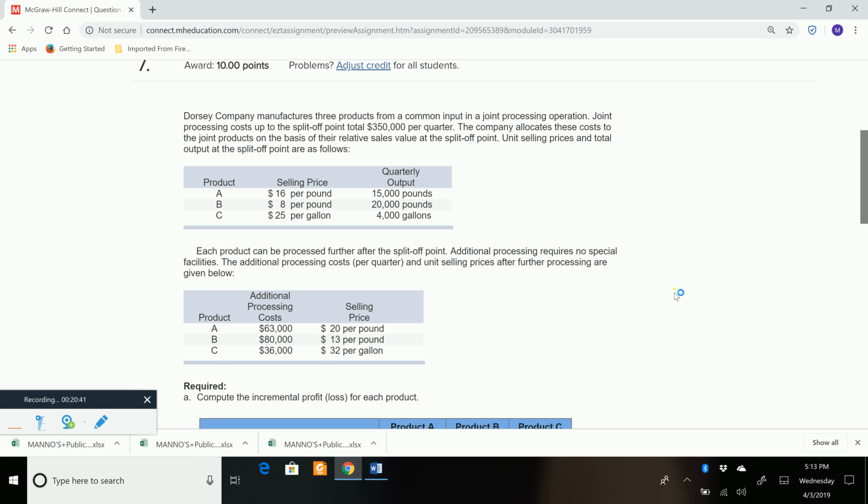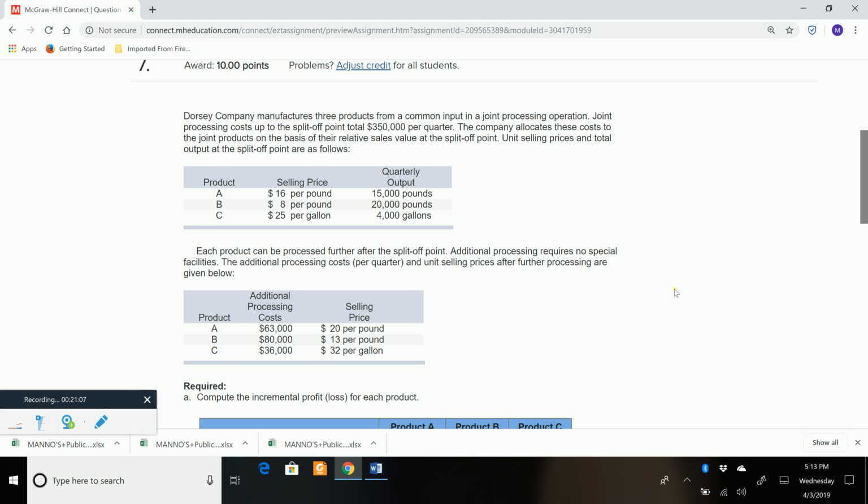So the company's name is Dorsey Company. They manufacture 3 products from a common input in a joint processing operation. Joint processing costs up to the split-off point total $350,000 per quarter. The company allocates these costs to the joint products on the basis of their relative sales value at the split-off point.